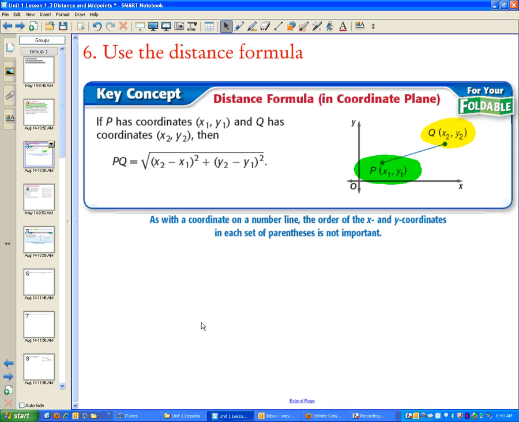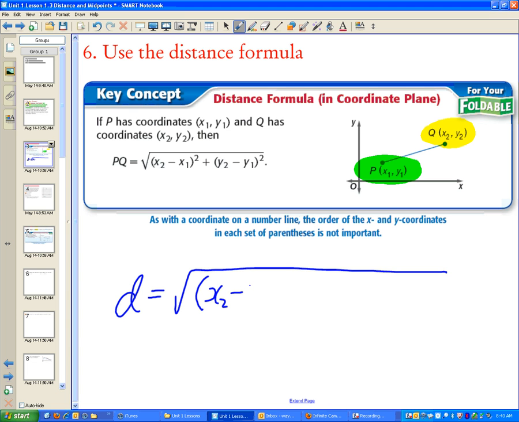Now, the distance formula is this, and I'm going to write it a little bit differently. I'm just going to say d for distance equals the square root of parentheses x2, so that's the x-coordinate from the second point, minus x1, that's the x-coordinate from the first point.